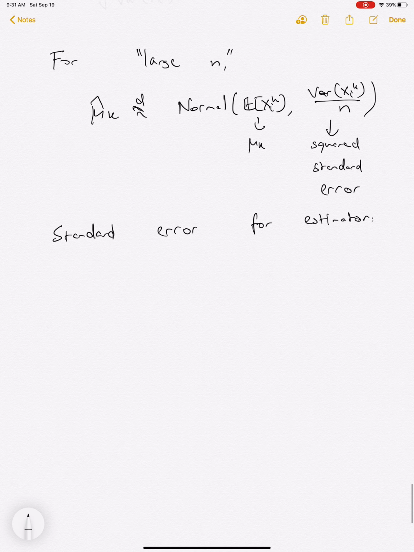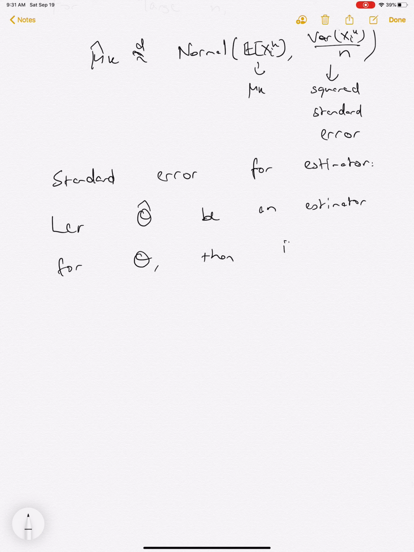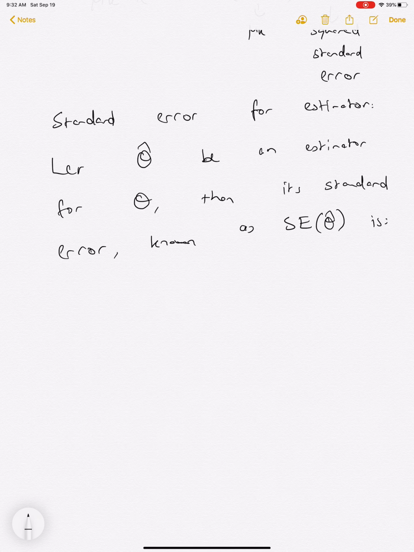So the standard error for an estimator is simply, if we let theta hat be an estimator for theta, then we're going to use this notation: SE of theta hat, and it's just the variance of theta hat over n.